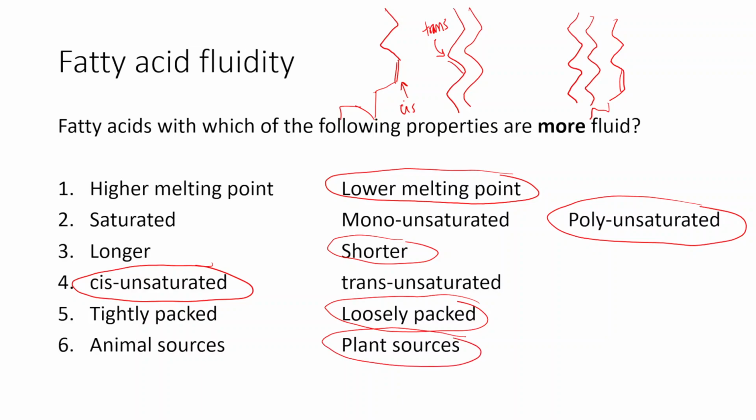So animal sources tend to have more saturated fats, and a lot of fats that we see from animal sources are solids, things like butter, or in meat when you see fat deposits, they're solid. Compared to plant sources, they're more unsaturated. If you think of a lot of the oils we use in cooking, a lot of those are from plants: olive oil, canola oil, peanut oil. There are some exceptions, like coconut oil is a solid, but for the most part, a lot of plant sources of oils are more liquidy than animal sources.